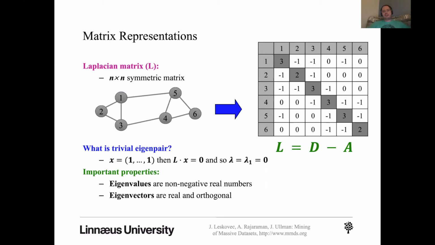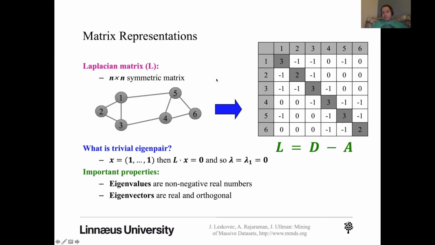What happens is that every row sums to 0. Since this is the degree and all the adjacencies are here, a node of degree 3 will always have 3 on the diagonal, and then there has to be minus 3 along the row, because the node has 3 edges going out of it. So the rows have to sum to 0.